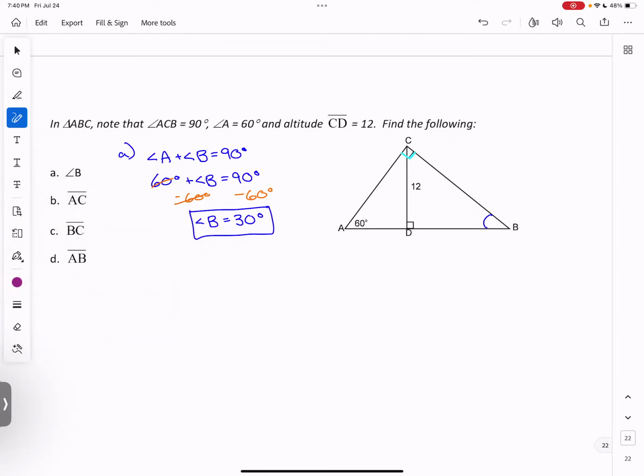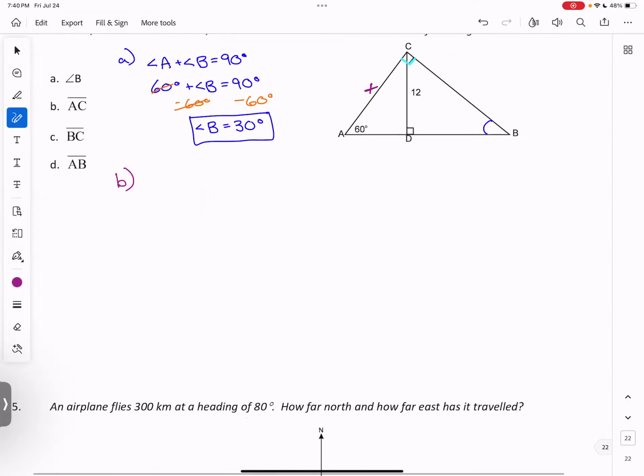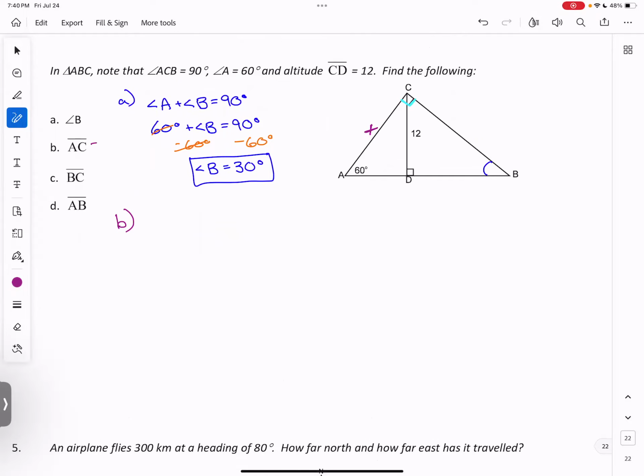Okay, part B. We're asked for line segment AC. Okay, and I kind of hate calling it line segment AC, so I'm going to call it x. How are we going to figure out that? Well, we know over here we have a right angle, which means we have a right angle on this side too, since the two form a straight line.